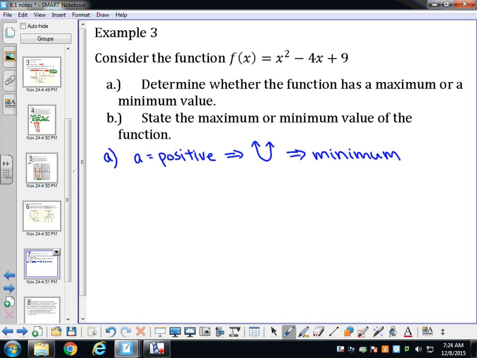Now, to find that minimum or maximum value, that is simply just your vertex. More specifically, it is the y value of your vertex.